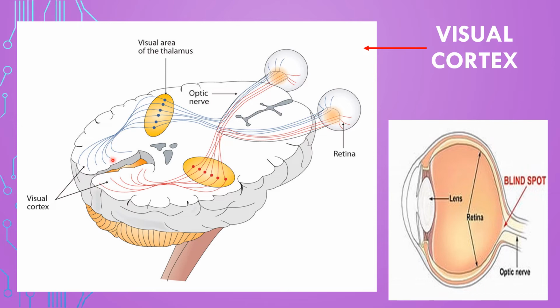So here the visual image is created. The cortex has specialized neurons and the sensation from the retina is converted into meaningful images.